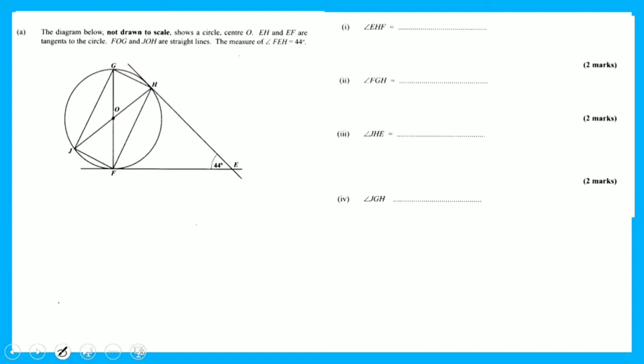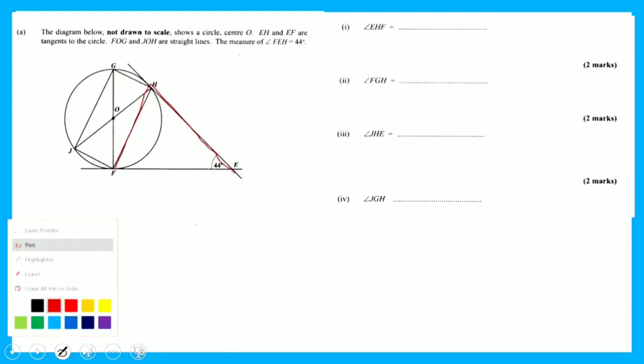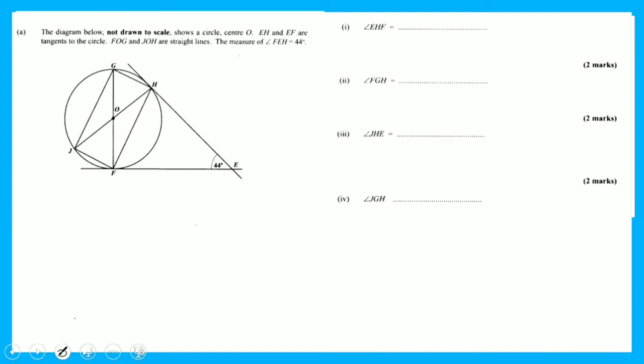Angle EHF. Now we had established when we observed the diagram that the lines EH and EF are equal. And so you can observe an isosceles triangle here, HEF or EHF, which means both of these angles should be equal.